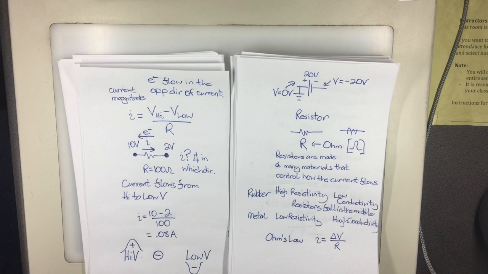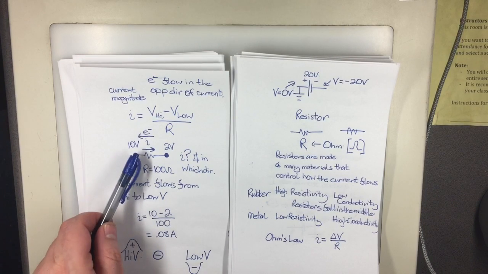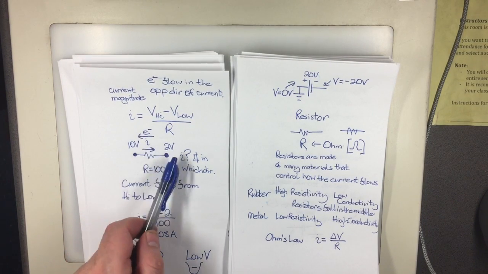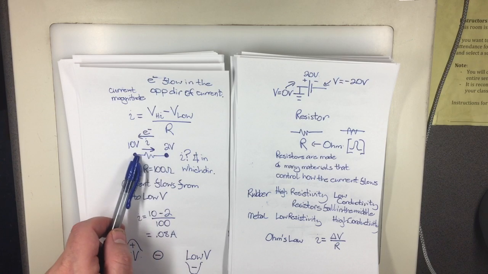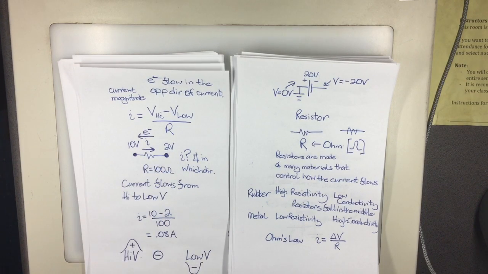They initially thought that it was the positive charges that were doing the moving within circuits. Then they figured out they were wrong. So all they did was they just kept the direction going in the same way, because if it was the positive particles that were moving, it would move from left to right. And then they go, let's just not change it and just say the electrons move in the opposite direction. So when you're thinking about current, current is just letting you know the opposite direction from where the electrons are actually flowing.